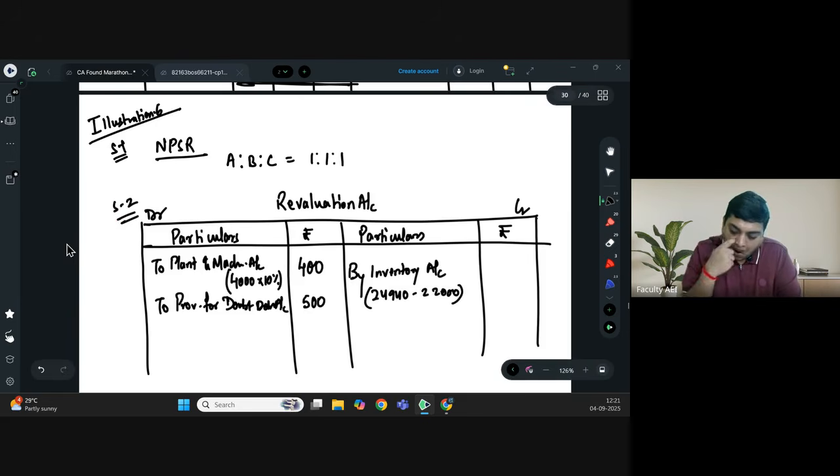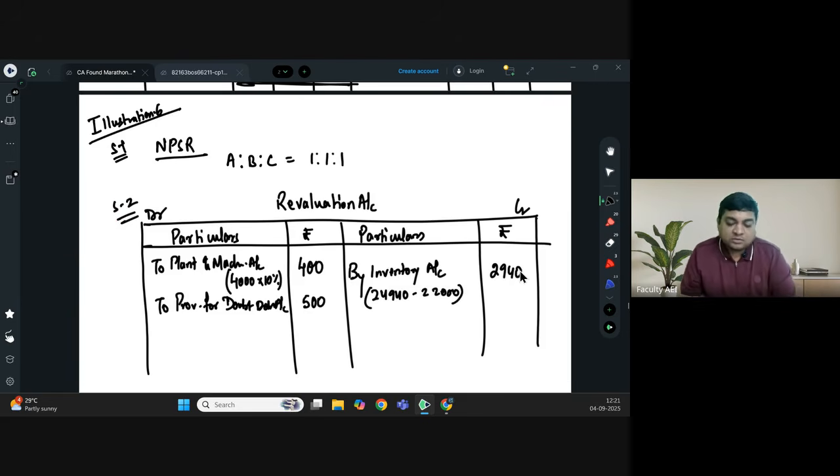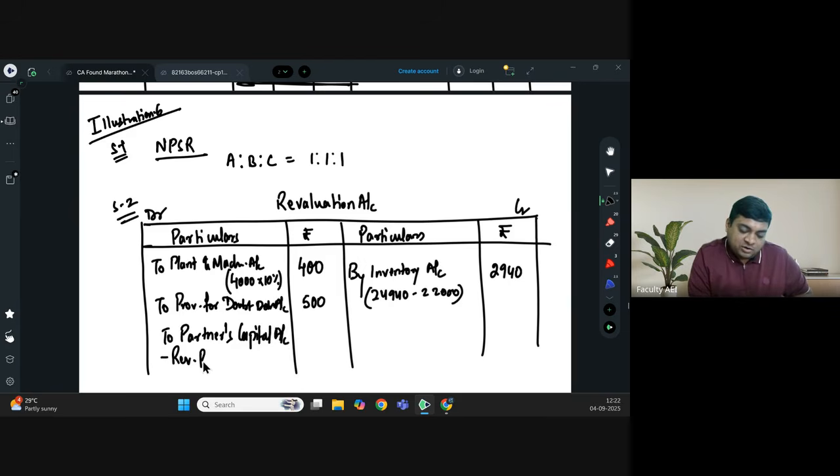How much? 2,940. So it will be to partners' capital account. That is revaluation profit in 3:1. The old ratio is 3:1.